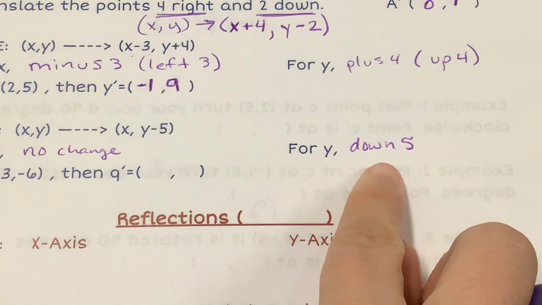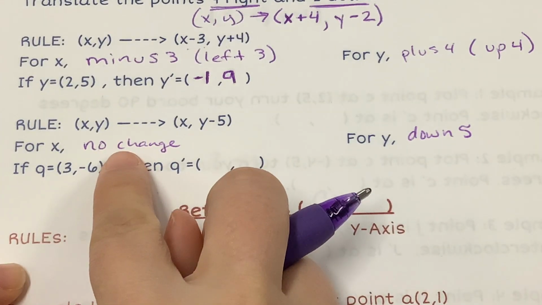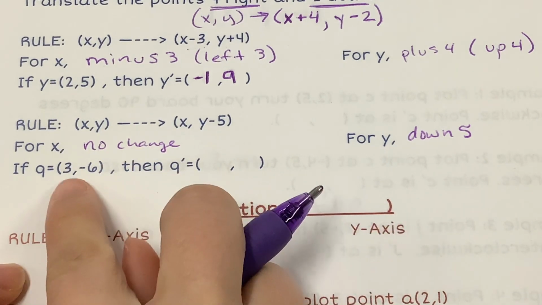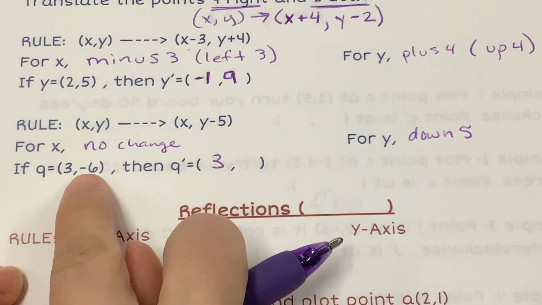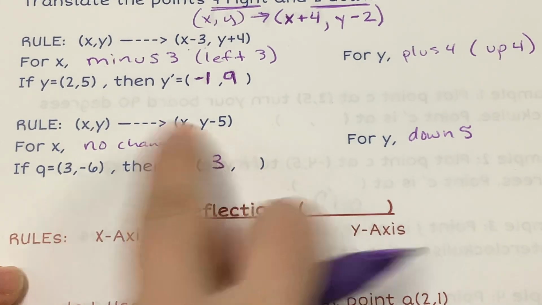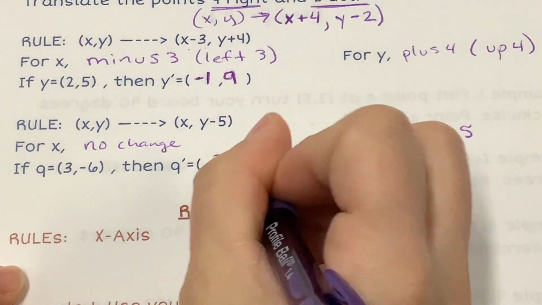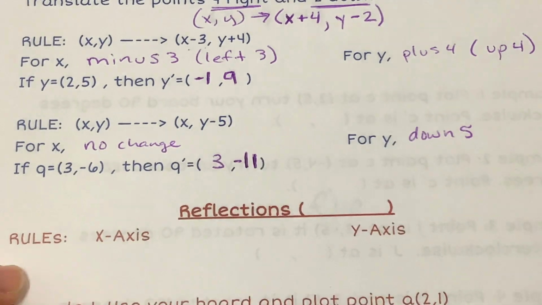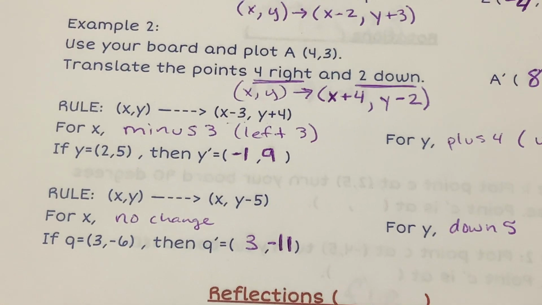So on the graph, if we were graphing it, we would move that point down 5 places only. We would not move it left or right. So for this one, 3 stays the same because there's no change. And what is -6 minus 5? -11. So that's our new ordered pair. Okay. And so that's our notes for this section.